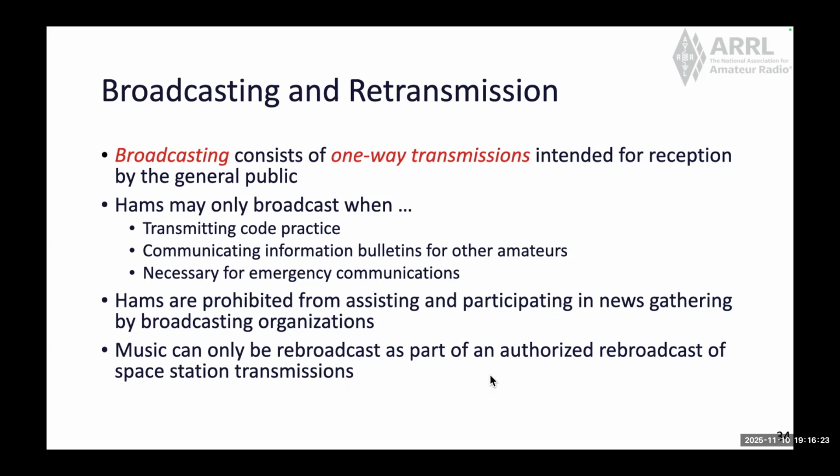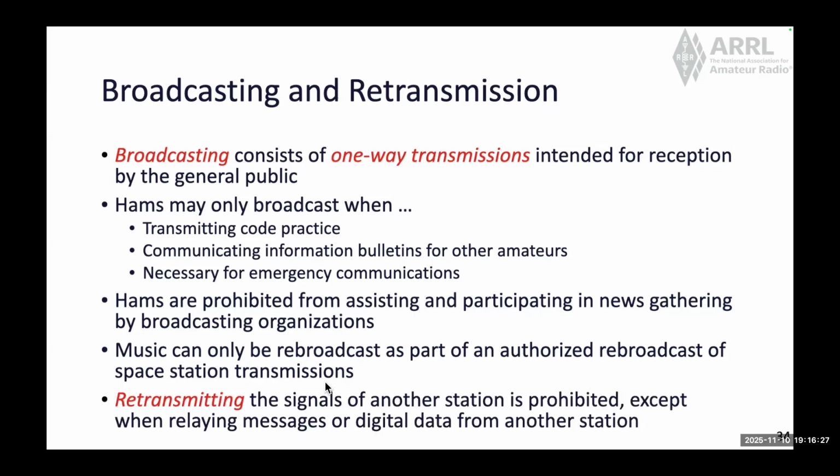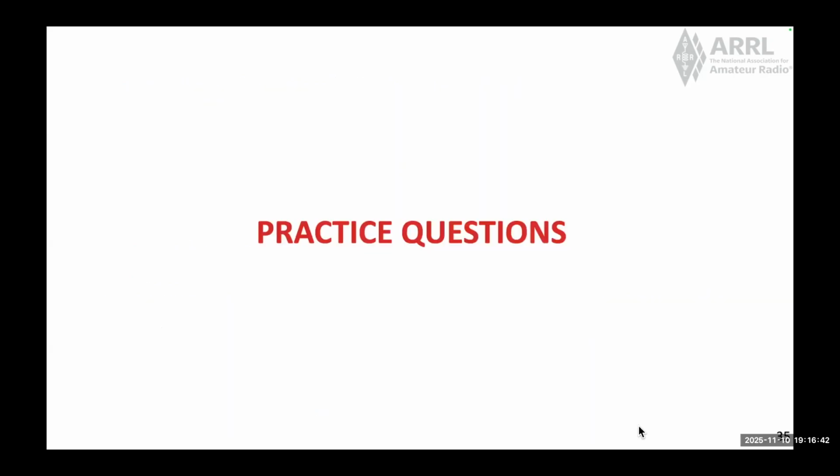So the music, it's okay to do that, but you're not supposed to turn a radio on and be transmitting the music over the amateur bands. Retransmitting the signals of another station is prohibited except when relaying messages or digital data from another station.